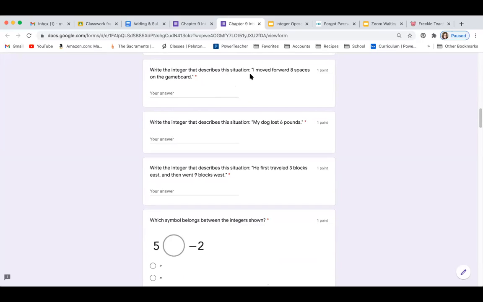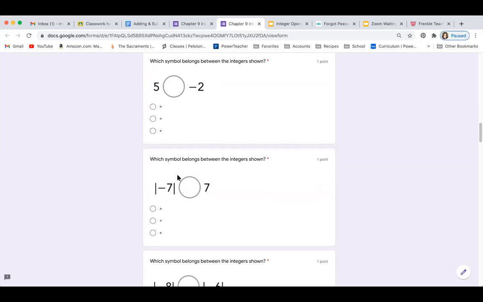I moved forward 8 spaces on the game board. So what integer, don't tell me, what integer, what number represents that particular scenario? So all you have to do is type a number right there. It could be a positive number, it could be a negative number, it could be 0, whatever number you think best matches that situation.